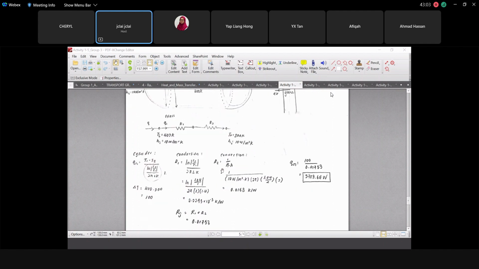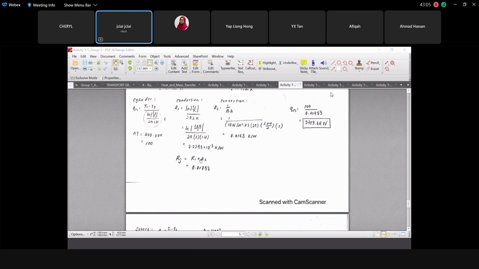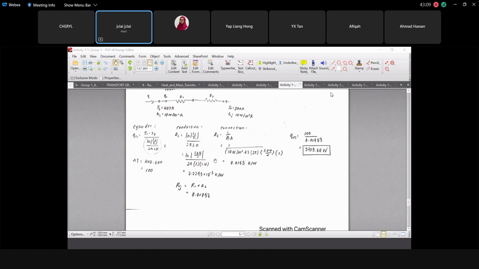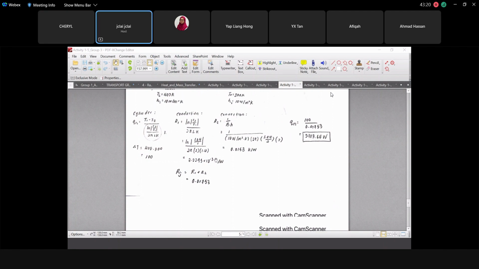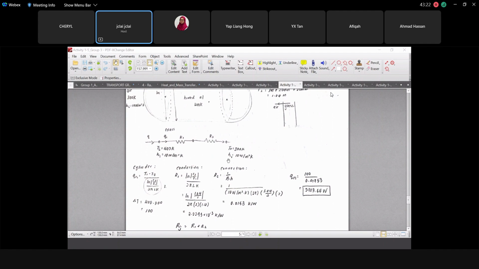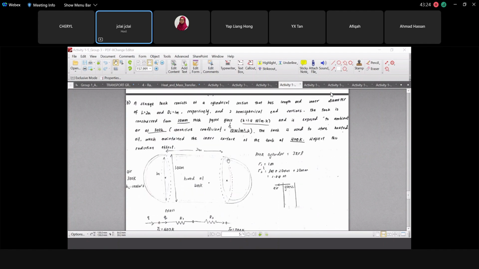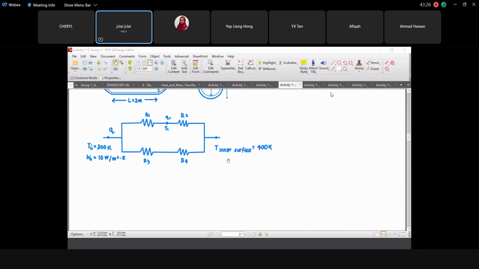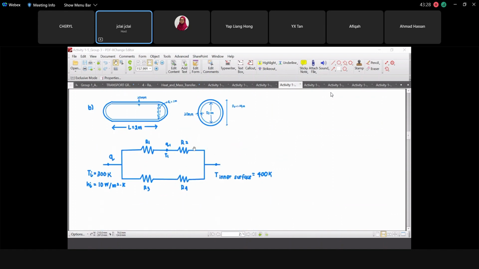Your solution to question number 2 is correct, but it is irrelevant to the circuit diagram you drew. So that's my comment. What I want you to do is change your solution of question 2 by referring to the circuit diagram you drew.